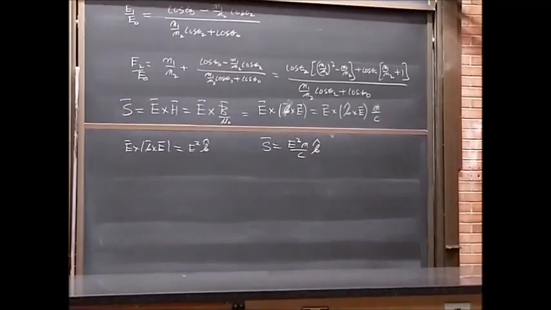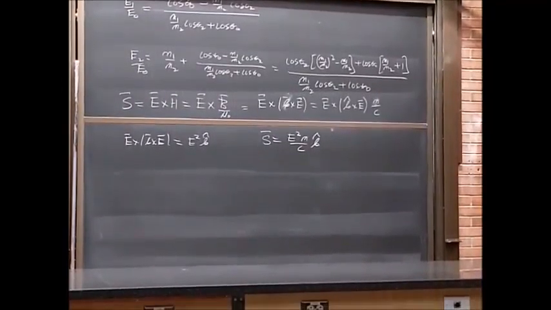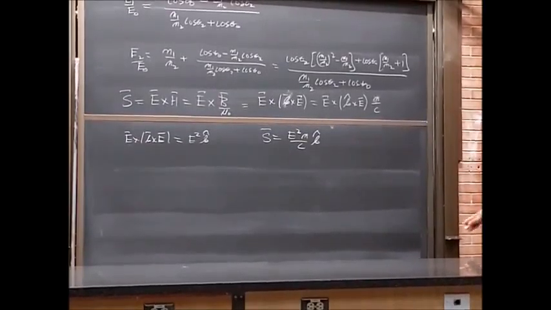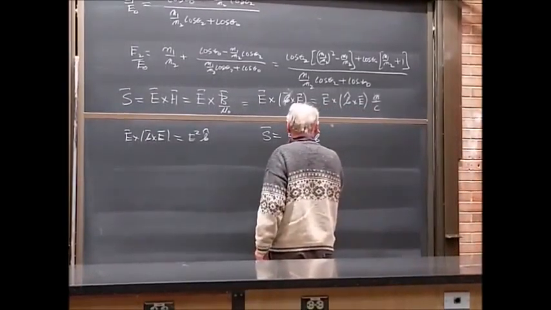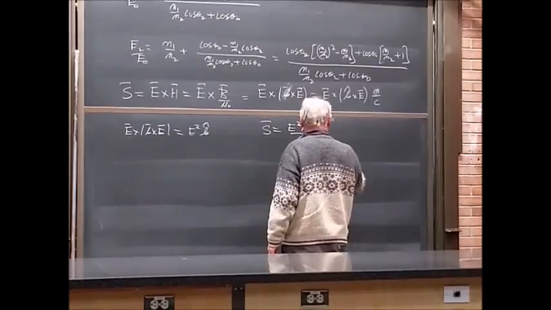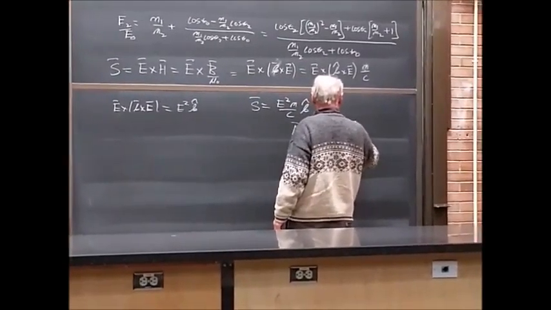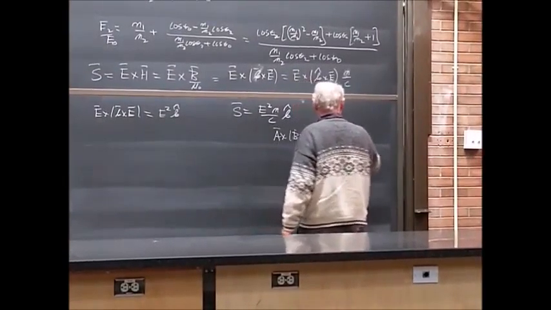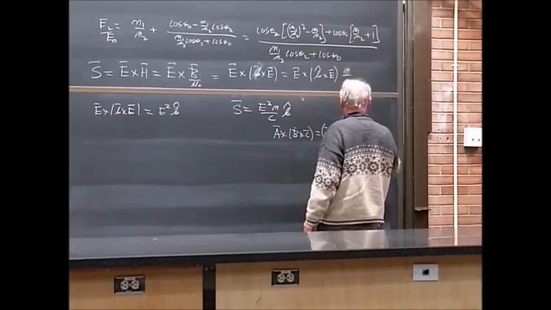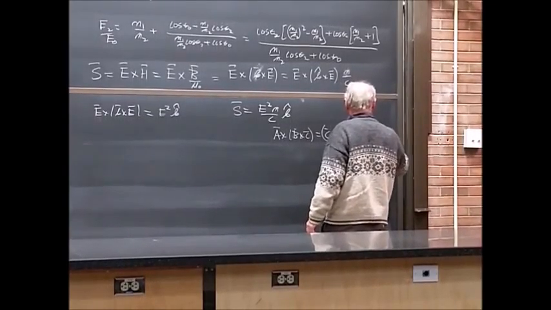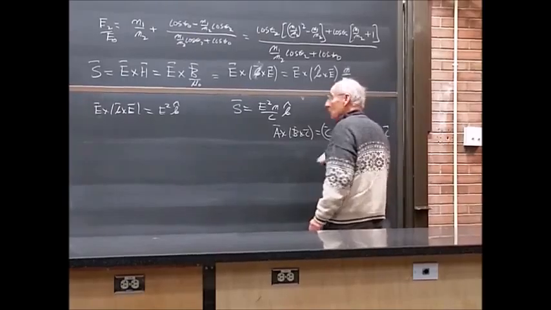Yeah. The vector identity is the triple product rule. A cross B cross C is C dot A times B minus B dot A times C.